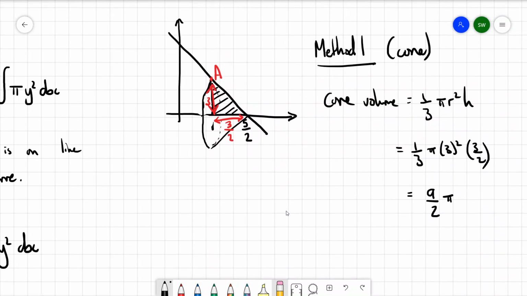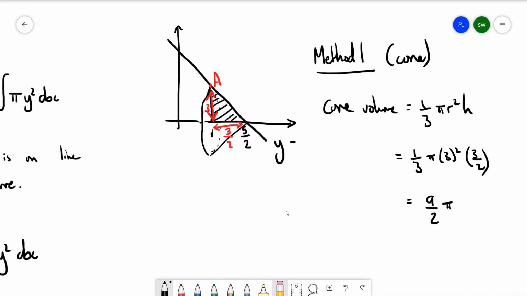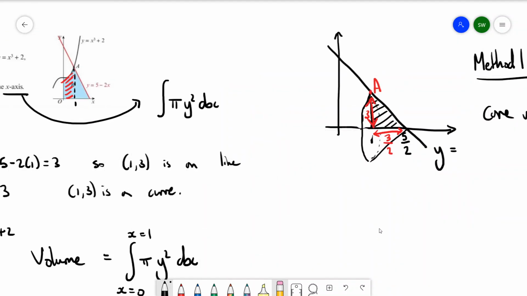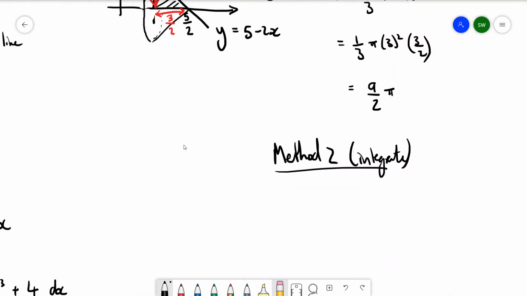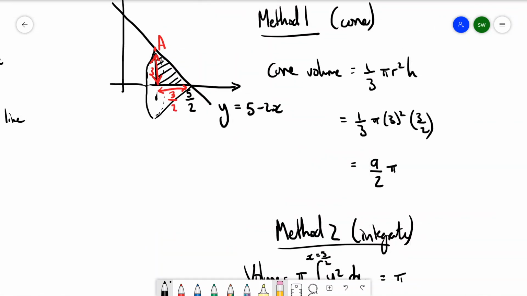Another method which is equally valid would be to use the fact we know the equation of this line. The equation of this line is y equals 5 minus 2x, and then you could just use integration. So we'll use the formula, the volume of revolution is pi times the integral of y squared dx, and our limits are x equals 1 up to x equals 5/2. So let's sub in y. This time we're using this equation because that's the boundary of our region that we're rotating.